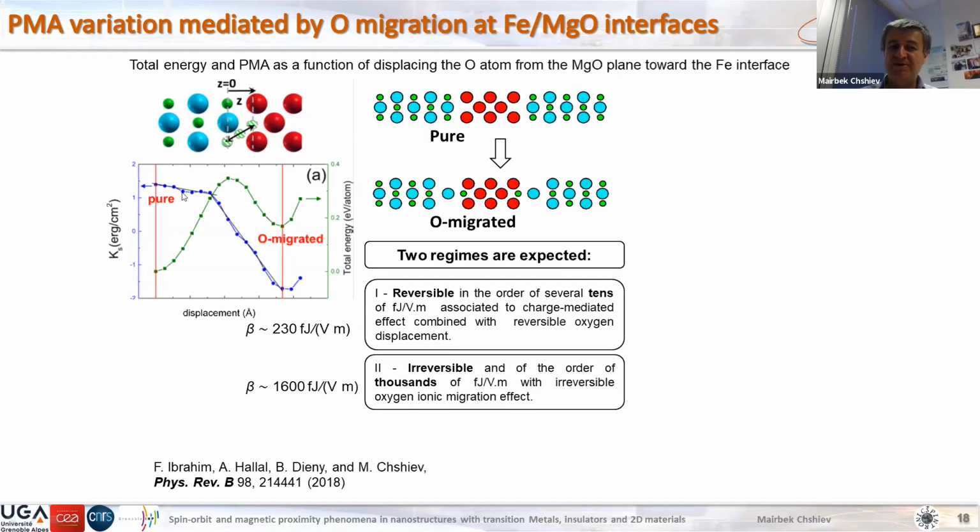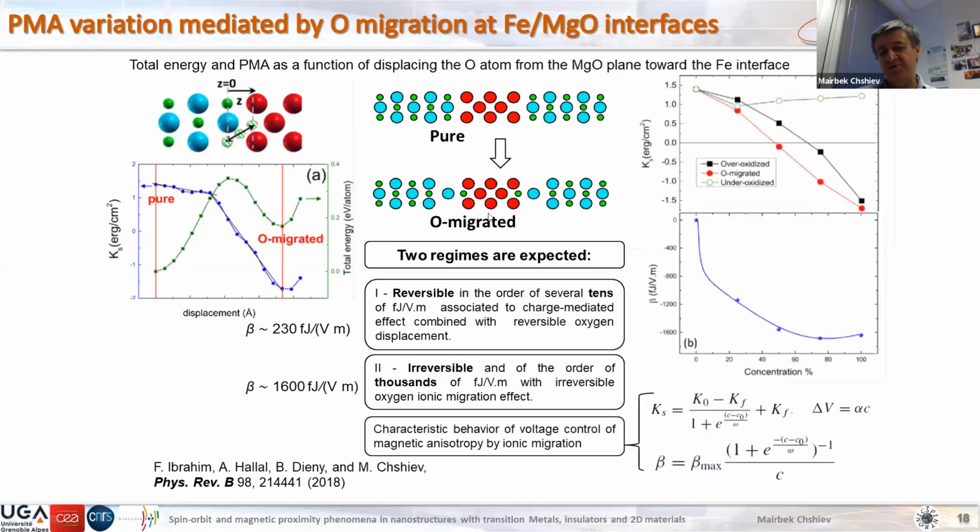One is what we call the reversible regime, and another what we call the irreversible regime. Why do we do this? Because the green line here is the plot of the total energy of the structure when we do this. And you see that there is a barrier to overcome, and we decided that this regime might be when it is easily returnable, and therefore, well, we call it this way.